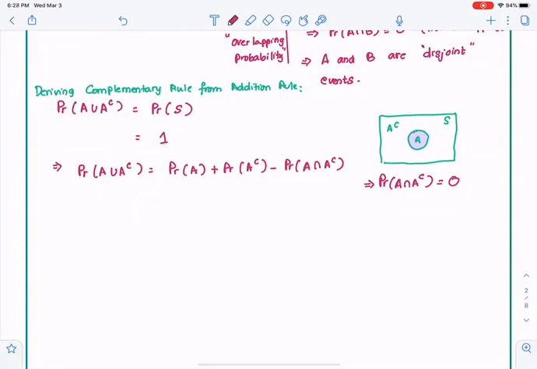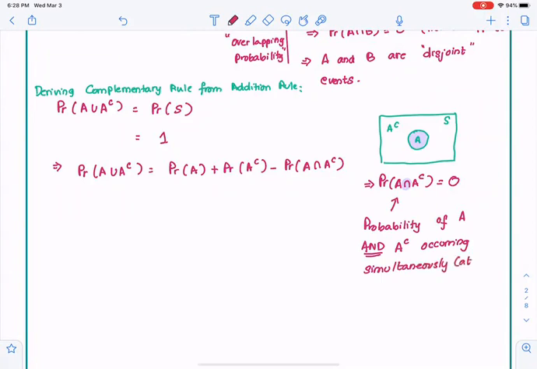So at the same time is the key phrase here, which is the probability of A and A complement occurring simultaneously.